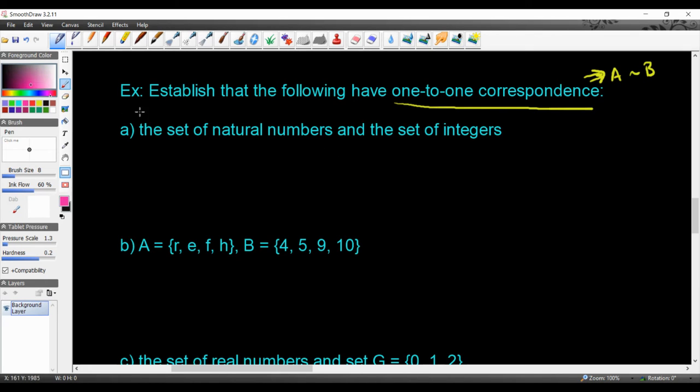So we have to remind ourselves what that is. The set of natural numbers, that's this one, is this fancy N, and it starts with 1, 2, 3, 4, and it goes on and on, all the way up to forever.